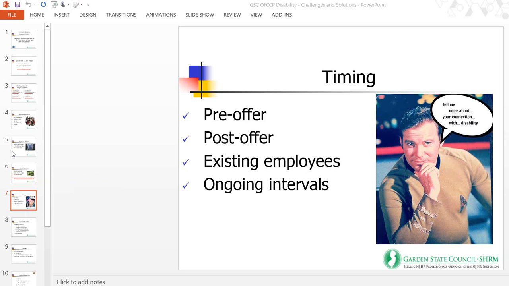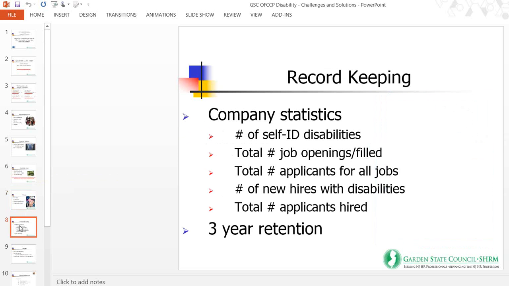Now the record keeping on this, you truly have to appreciate our federal government, because the next slide gets into all the different crazy things you have to record. Now it may be that you have recorded these things in the past for other reasons, internal reasons, but now there are all sorts of statistics you get to keep just because you want to.